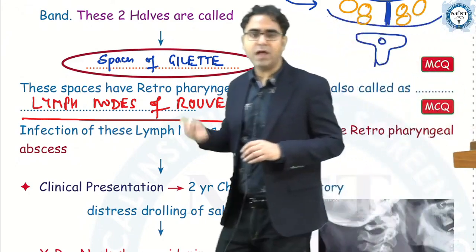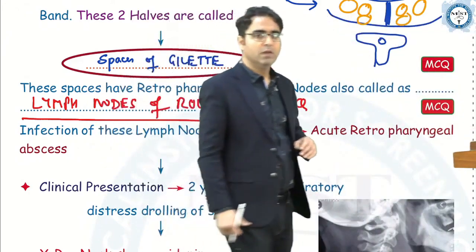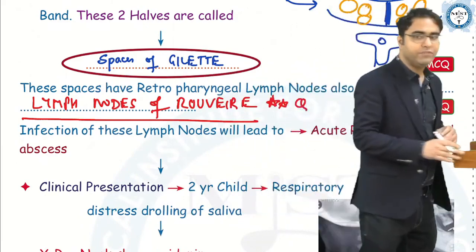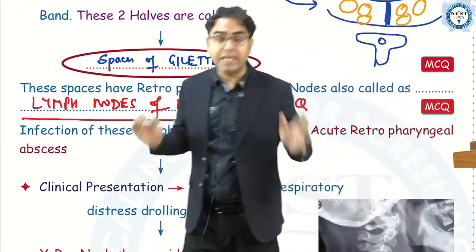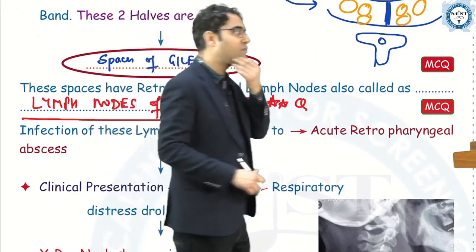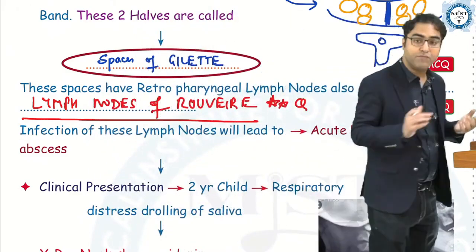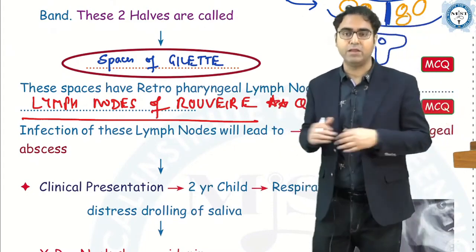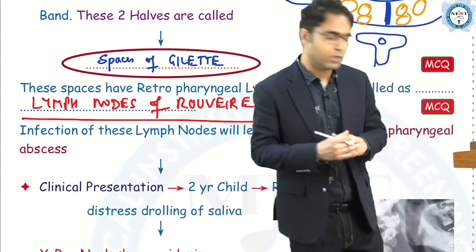R for retropharyngeal, R for Rouvier. The retropharyngeal space has two halves called spaces of Gillette, and it has the retropharyngeal lymph nodes, also called the lymph nodes of Rouvier.